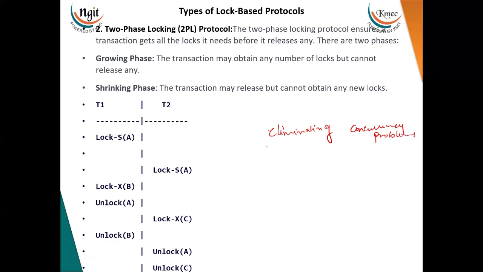And this locking protocol is going to divide the execution phase of the transaction into three different parts. The first part is that when the transaction begins to execute, it requires permission for the lock it needs.